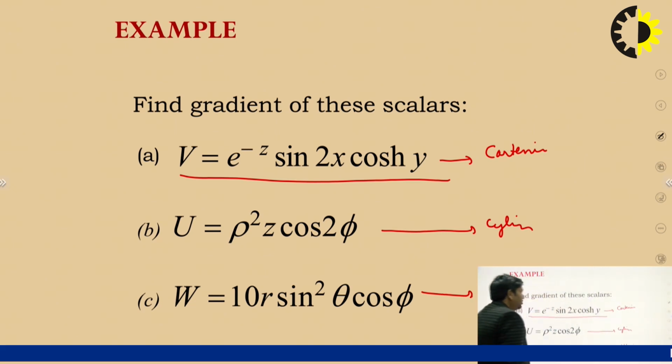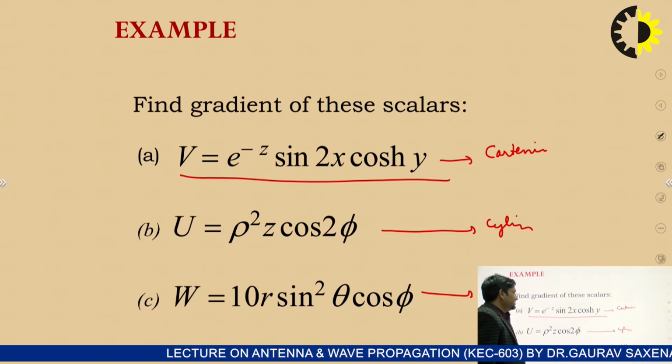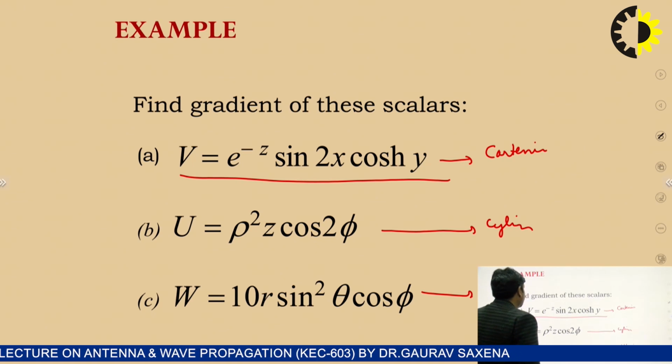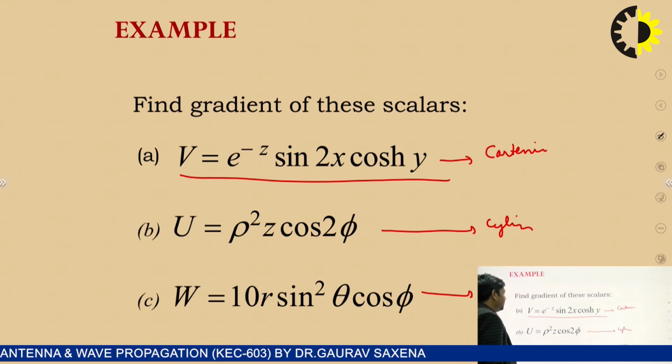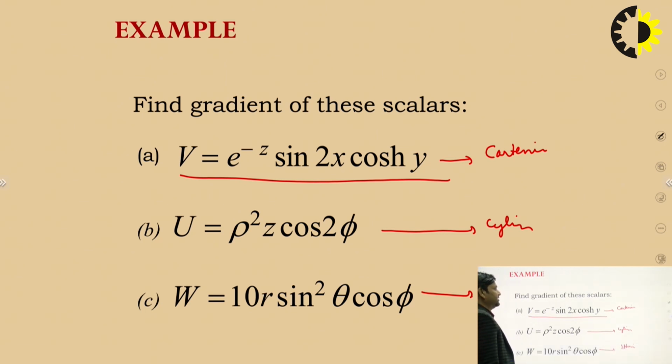For the first case, v is equal to e raised to power minus z sine 2x cos hyperbolic y. The question asked in a 2 marks question is: if the scalar field v is defined by e raised to power minus z sine 2x cos hyperbolic y, calculate the gradient of that scalar field.